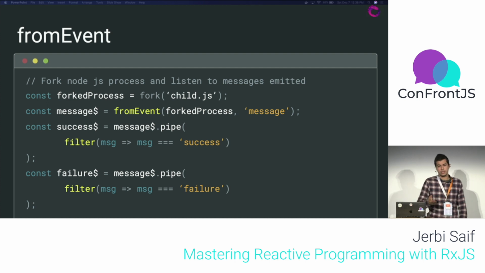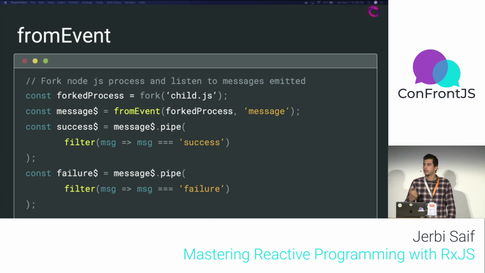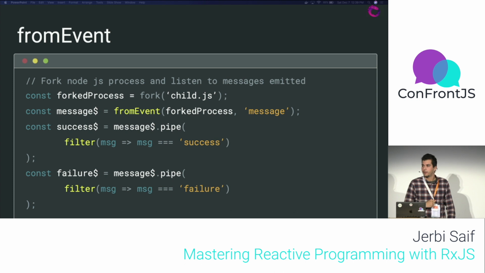Also, imagine that my child process is emitting a message, sometimes saying it's successful, sometimes saying it's a failure, and I want to handle the successful task and the failure task differently. So the same observable will be used twice. I will get two other observables: the first one will filter on the content of my message for success, and the second one will filter on the failure message.